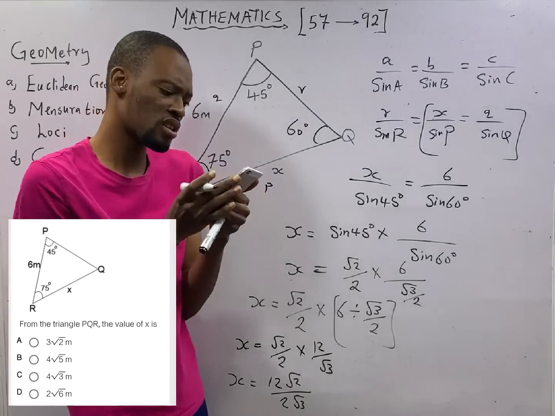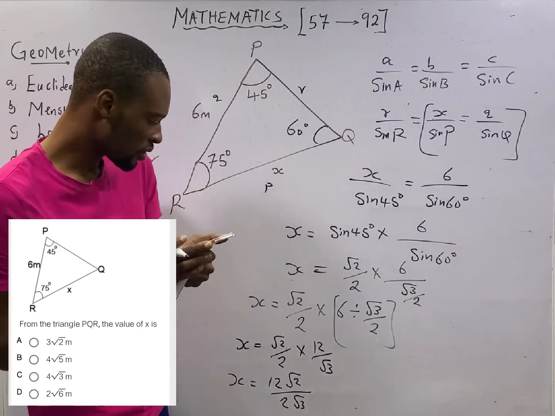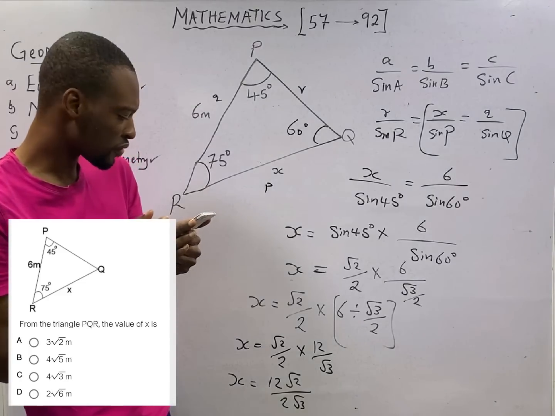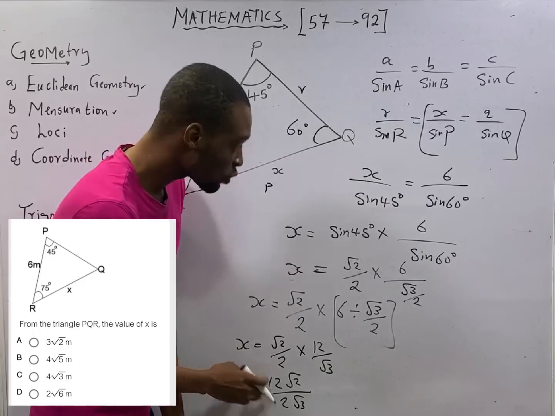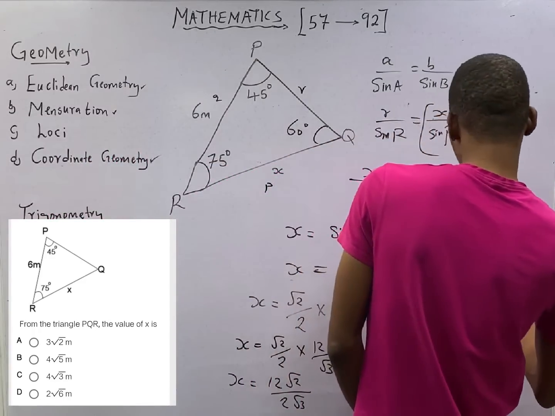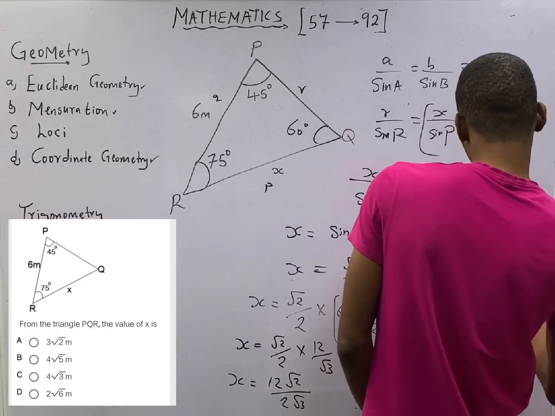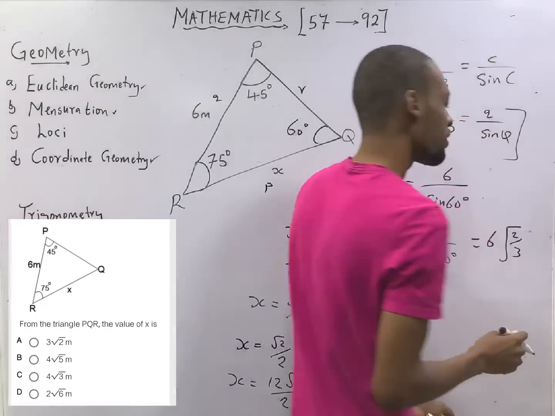This is our answer. But let's see the form in which they gave the options. The options are also given in form of surds. Now let's look at something. 12 divided by 2, that is 6. So this is the same thing as 6 root 2 over 3.